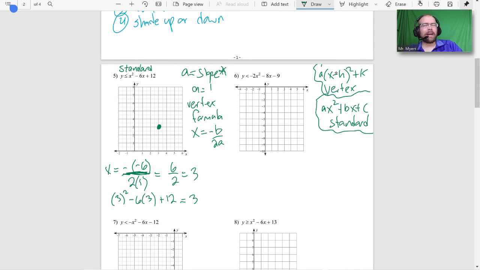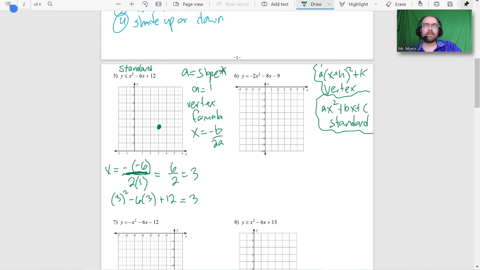I'm going to show you another way, actually, after 6. Because normally this way works really well. But when it's in standard form, it's kind of hard to find the vertex. If it's in vertex form, then this method works amazing, because you already know the vertex. But yeah, so you have to plug it into the vertex formula to find the vertex.